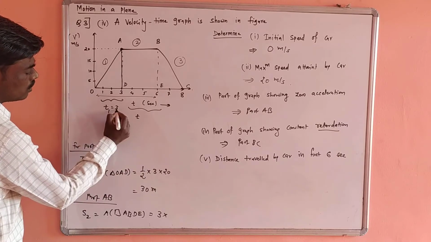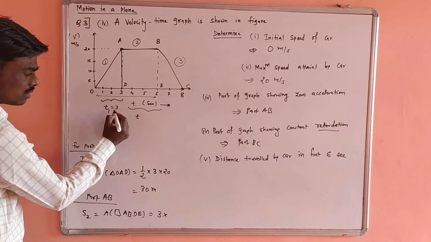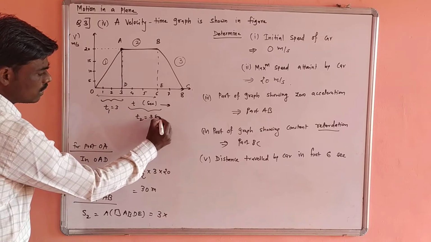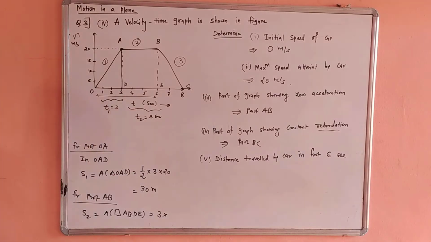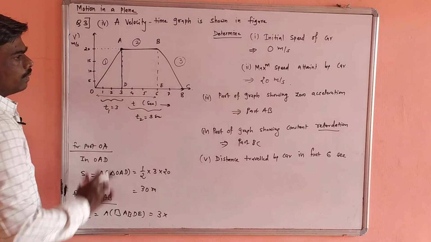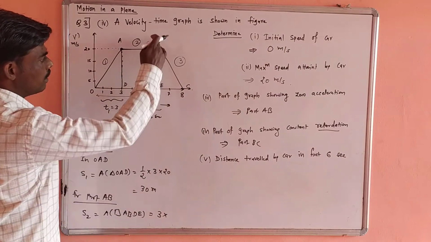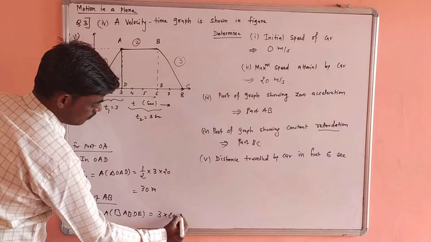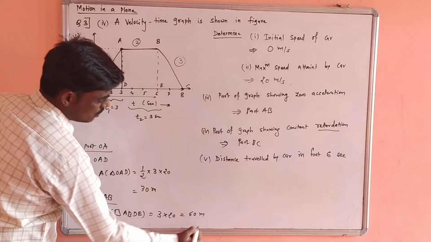Remember, first time interval we have counted for 3 seconds, first 3 seconds, and second time interval it is again for 3 seconds. So length is 3 and breadth, that means height, again it is 20. So it becomes 60 meter.